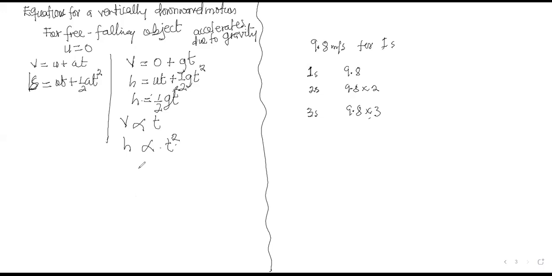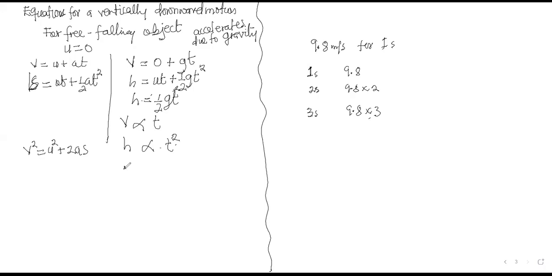Let me finish with the third one and then the last equation, which in linear motion is v squared is equal to u squared plus 2as.